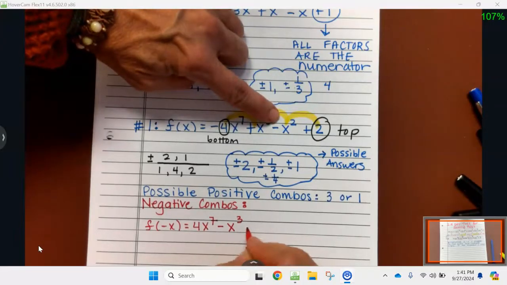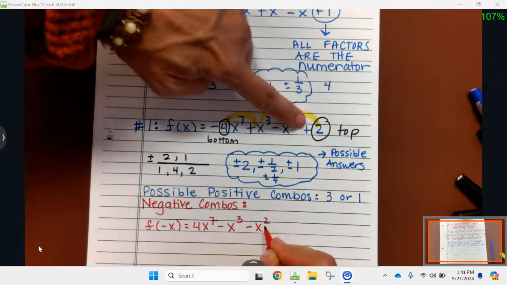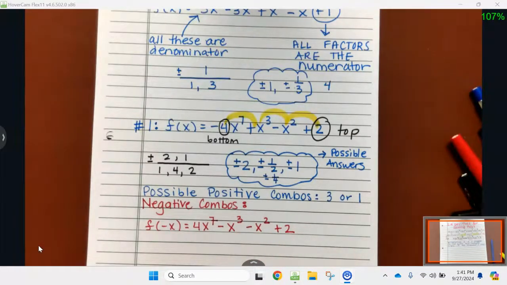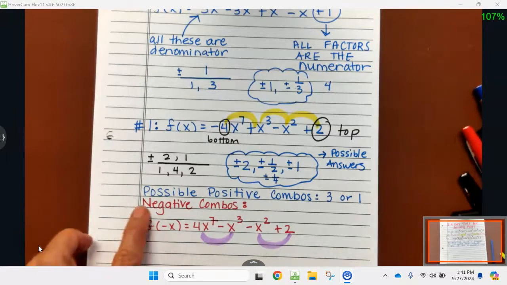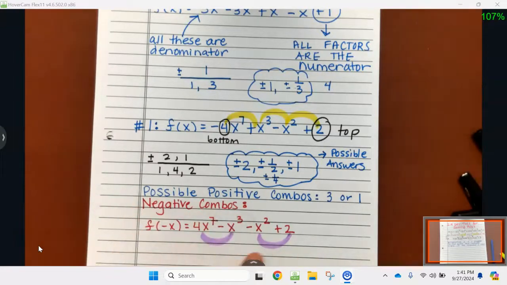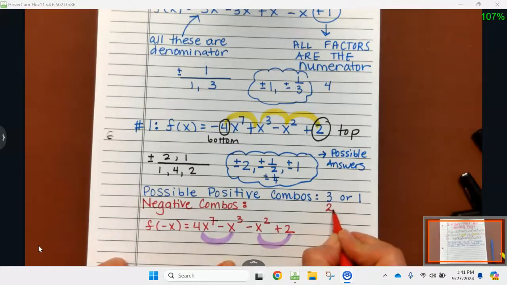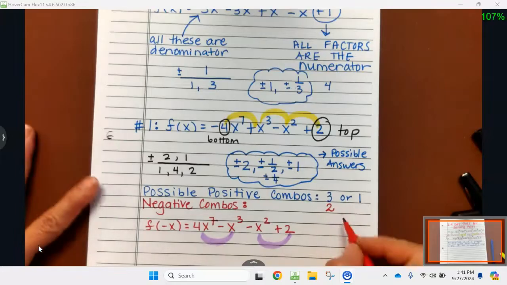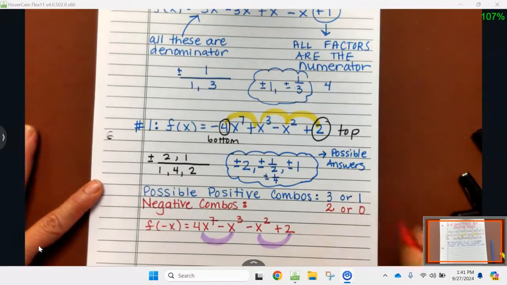That's going to stay. I'm just going to recopy that because it's even. And then, of course, a constant doesn't do anything. Okay, let's see the changes now. So remember, it started out positive. Oh, here it is. It's flipped to a negative, stays a negative, but it flips again to a positive. So my negative combos, I have two changes here. So it's going to be 2, and don't forget to subtract 2 every time. 2 minus 2 is 0.